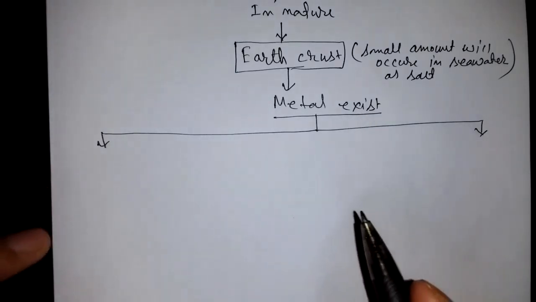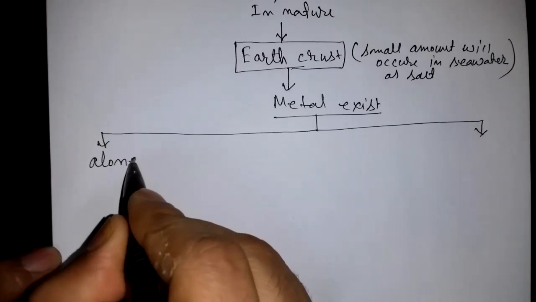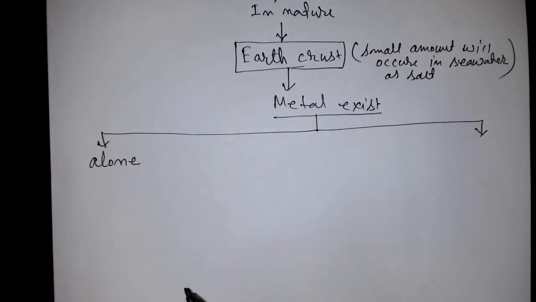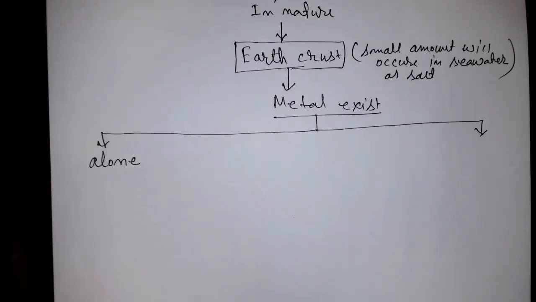In two styles. Sometimes the metal will be alone. Alone means without any friend in the formula. And the metal's friend will be who? Non-metal. So when we say that metals are alone, that means in the formula, no friend is there, only metal.